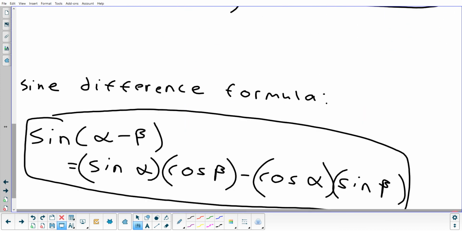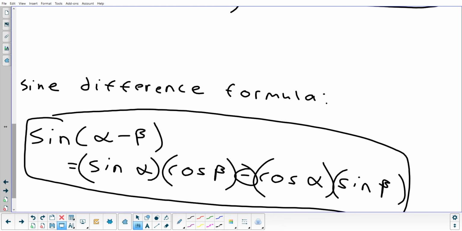When it's the sine of a difference, you do a difference. But it's still mixed. Just like Zach had mentioned, it's still sines on both parts of it. Sine, cosine, cosine, sine. It gets a little tricky to remember all the different formulas, but that's why you can make a reference sheet, so that'll help.